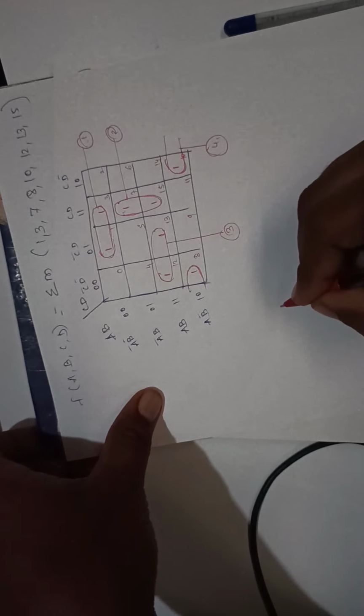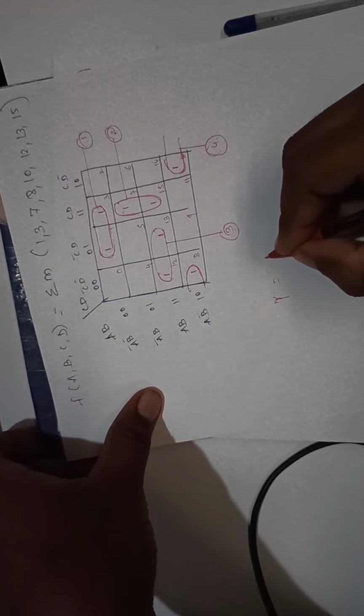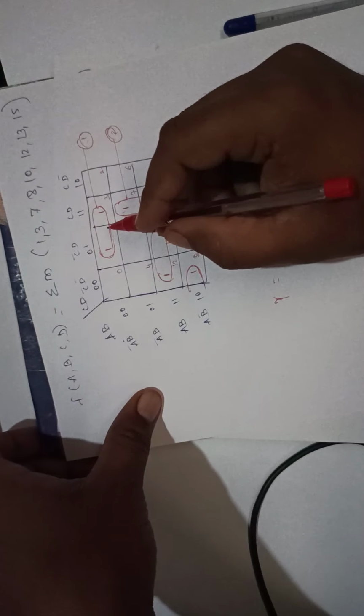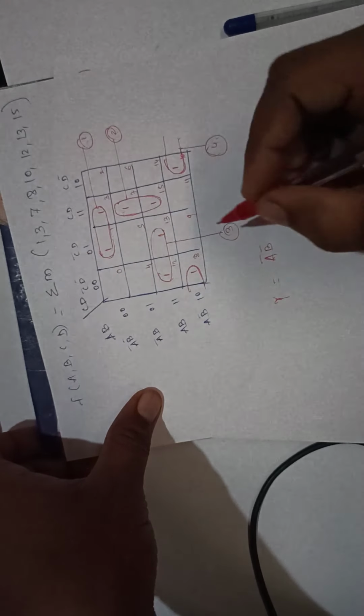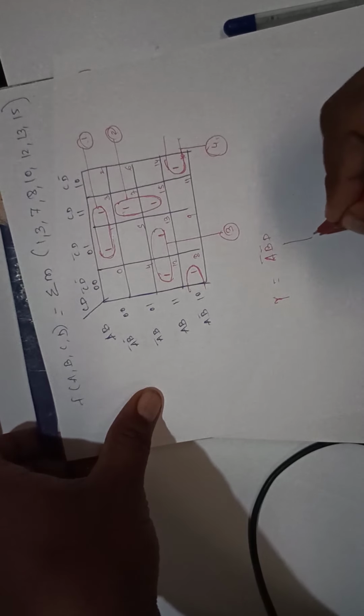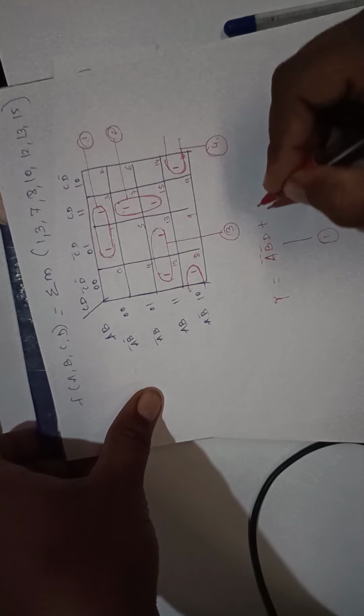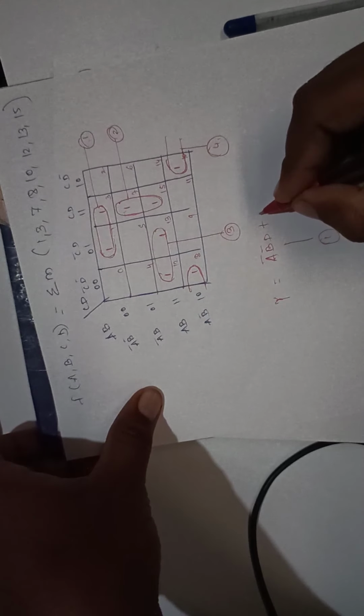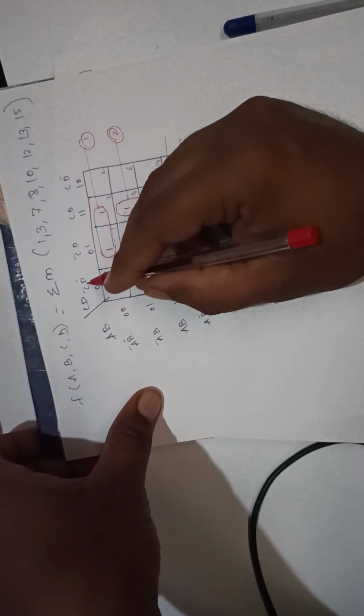Now go to pair 1. Horizontally there is A bar B bar, and vertically C bar C gets cancelled, means D. That is for 1. Second, horizontally A bar A gets cancelled, means B, vertically C D. Third one, that is A B, and vertically D bar D gets cancelled, C bar.